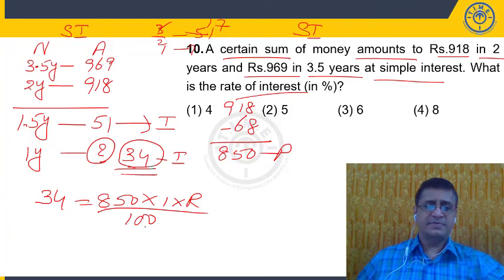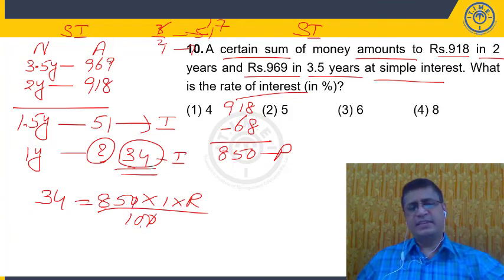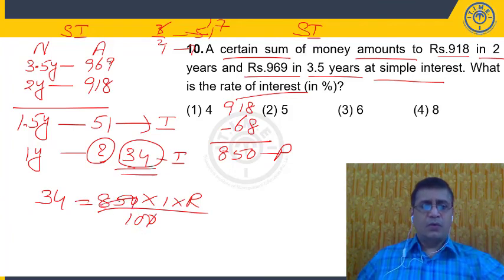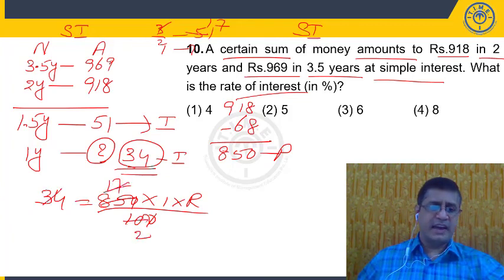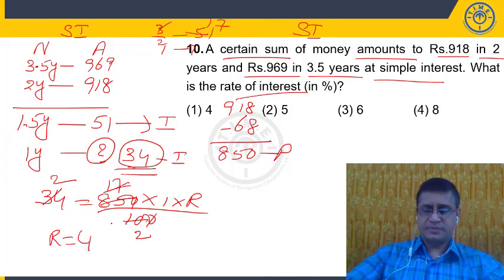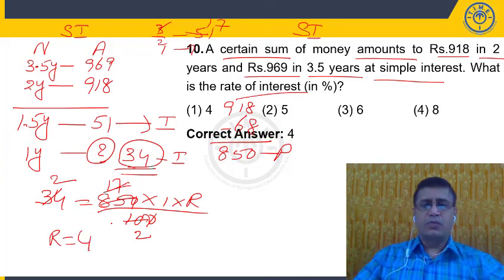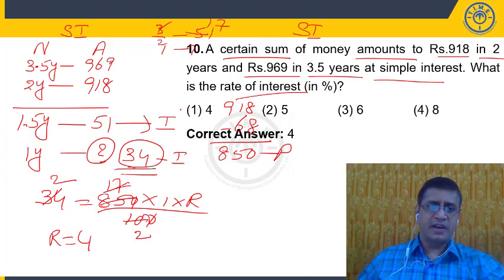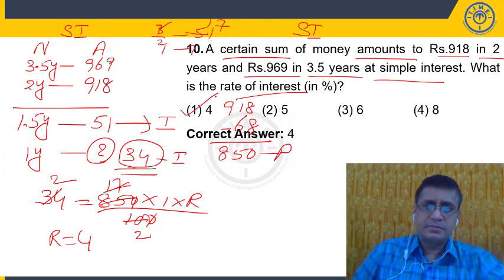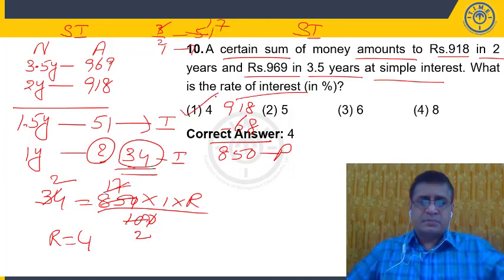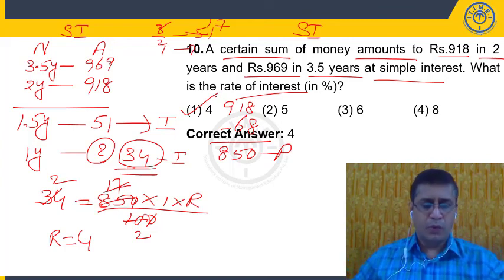Now simplify this. 0 and 0 we can cancel. 5 goes into 17 times, so 5 here 2 times, 17 goes exactly 2 times. The value of R is 4%. Right choice is option 1.